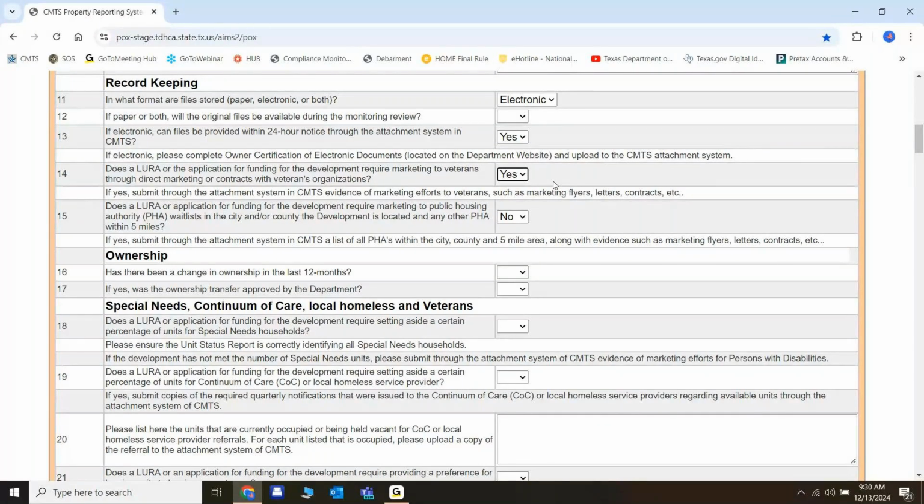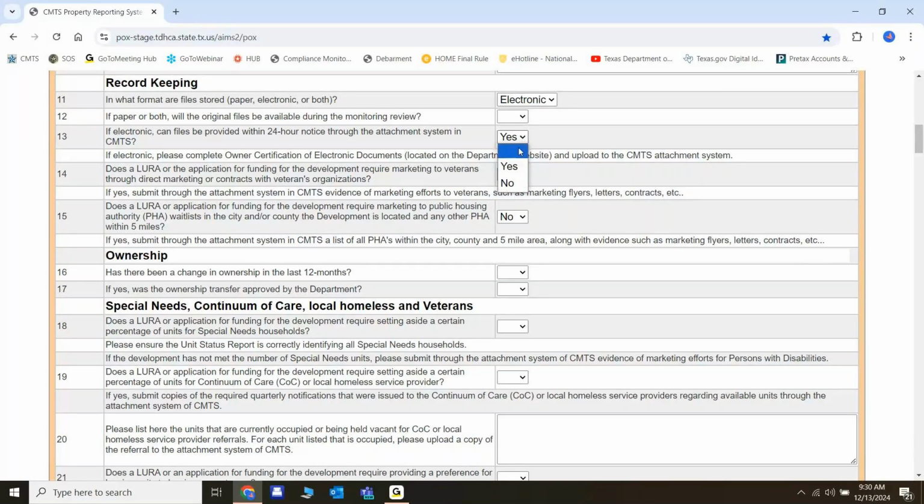So with regards to question 13, the question is, if they have capabilities to upload them, but they also have paper files, should they mark yes because they can upload them, or should they mark no, or tell us that they have the capabilities, but that paper and digital are both available.